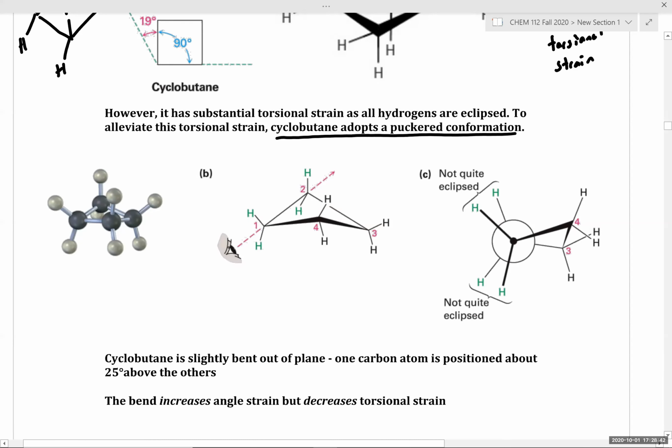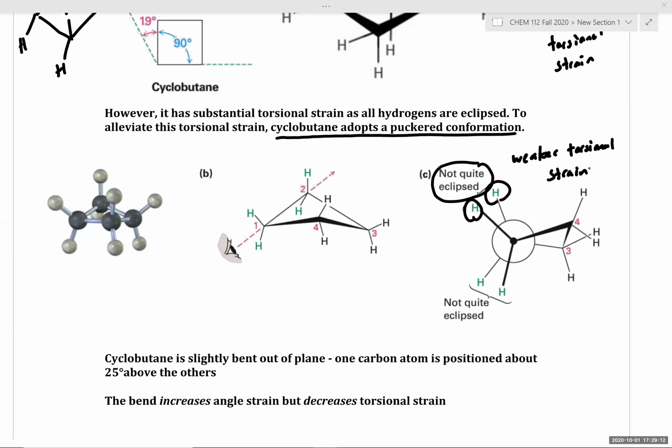cyclobutane system and we look down one of our carbon-carbon bonds, as we can see, as a result of puckering and distorting from a planar system, our hydrogens are not quite eclipsed, and we in turn have weaker torsional strain, because we have a greater dihedral angle separating our substituents.